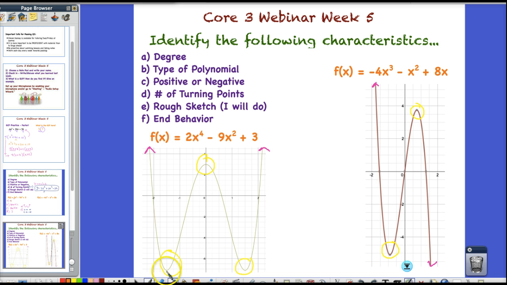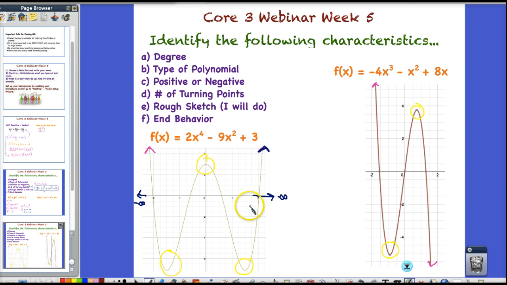As x goes out this way towards positive infinity, and as x goes out this way towards negative infinity, where are my ends going? Basically, where is the function moving? On this one, is this end going to positive or negative infinity? You guys just type either positive or negative.